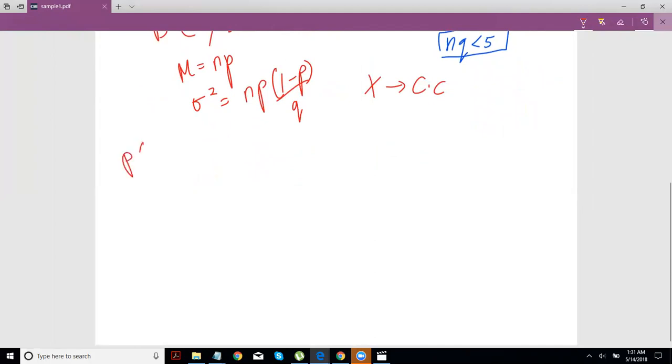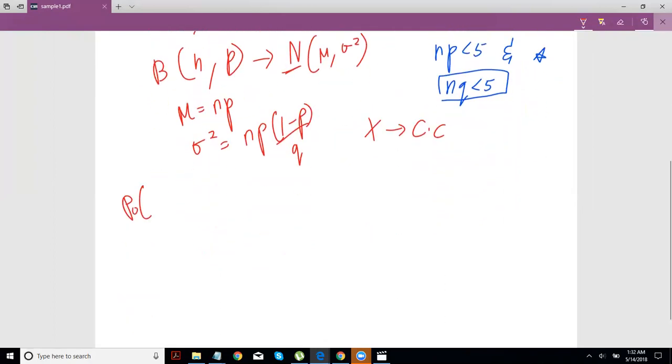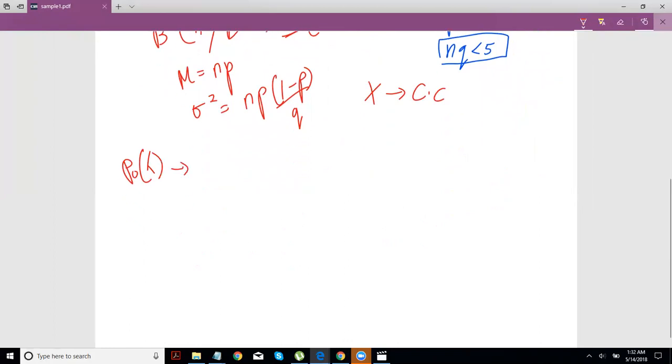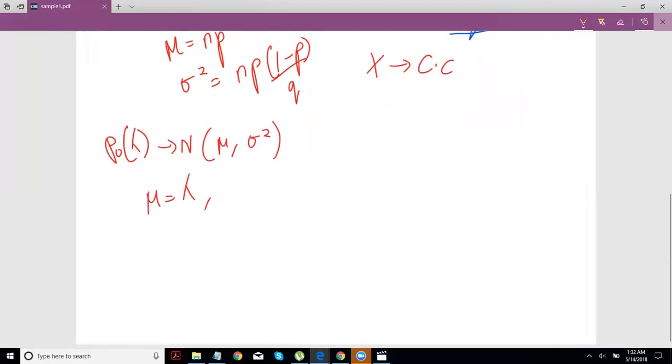The other one you could be going from is Poisson, where you have your lambda, and you could be approximating to normal, where you have mu and sigma squared. Now, mean would obviously still remain lambda because lambda is mean. And your variance also remains lambda, which means that if you want to find out your standard deviation, that is root lambda.